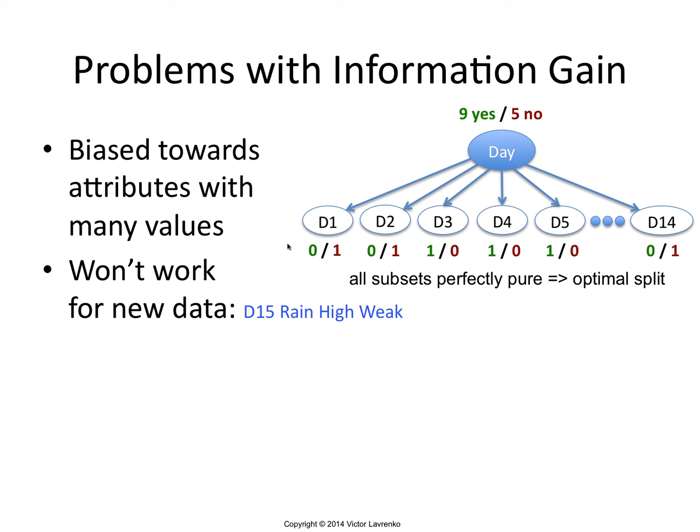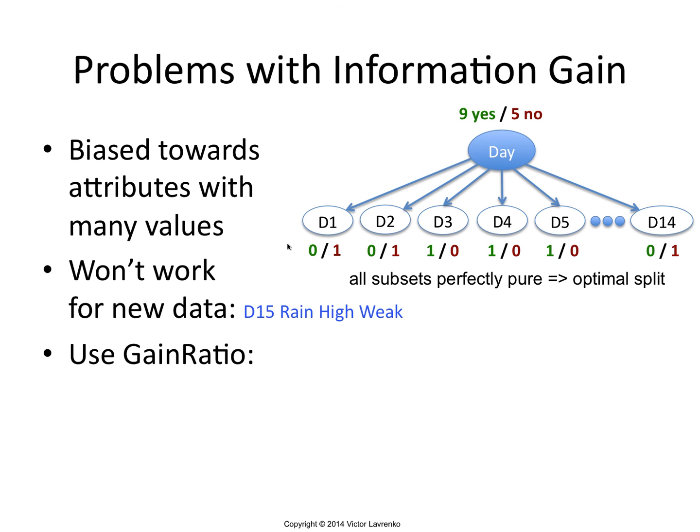You will have some attributes that have lots and lots of values, and they lead to tiny little subsets, and those tiny subsets will probably be pretty pure. And gain will try to latch on to those attributes and put them at the high levels in the tree, and they generalize poorly to the testing data because they're not very useful.